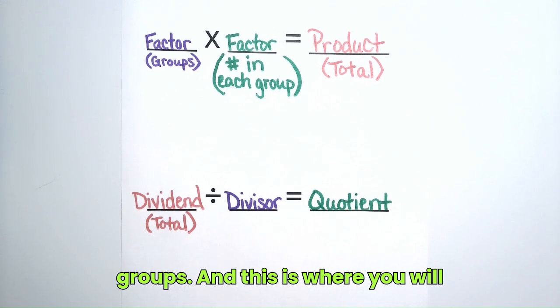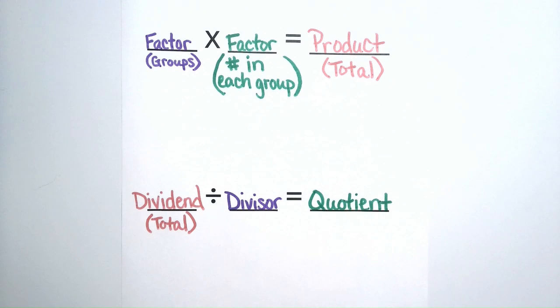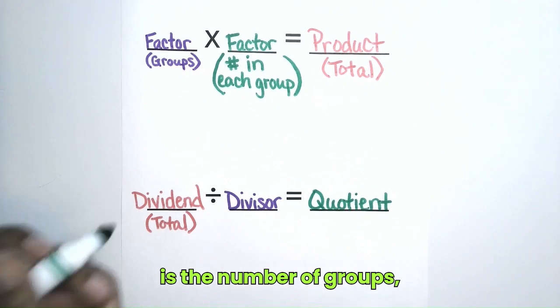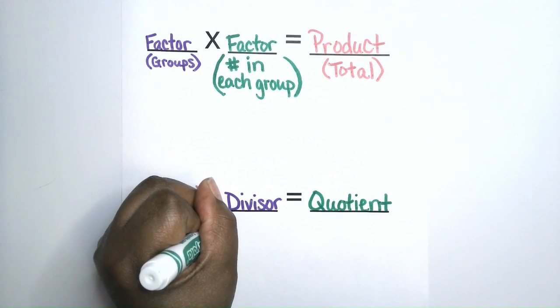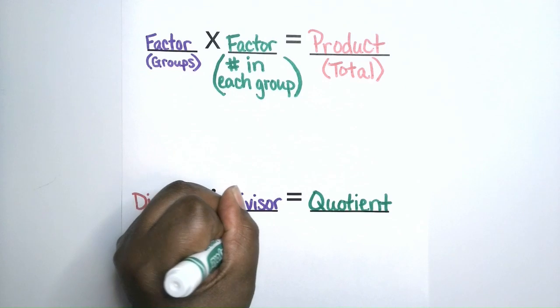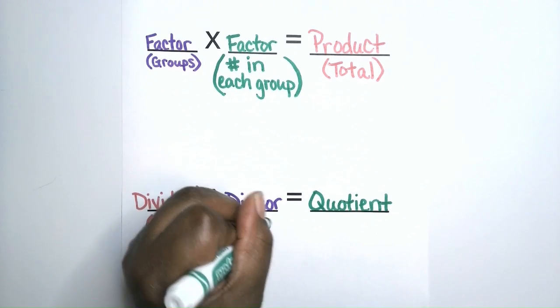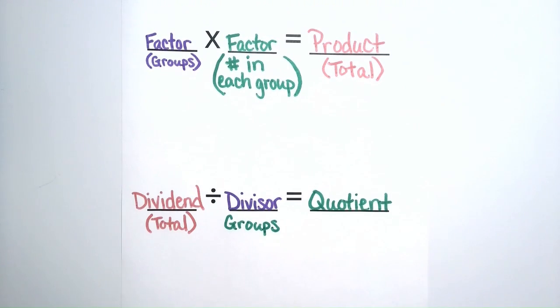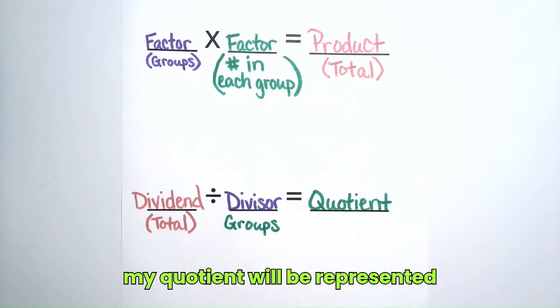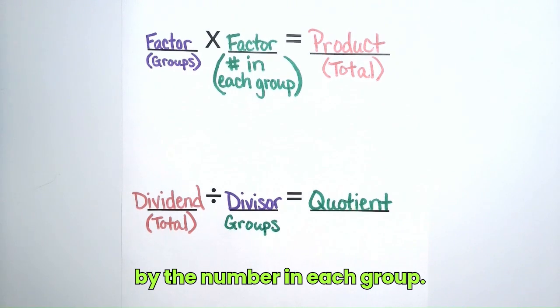And this is where you will be sharing a set equally. So if my divisor is the number of groups, my quotient will be represented by the number in each group.